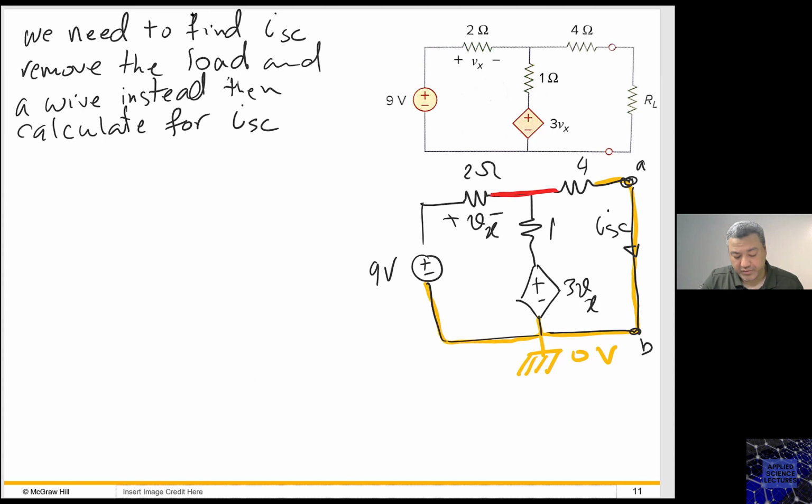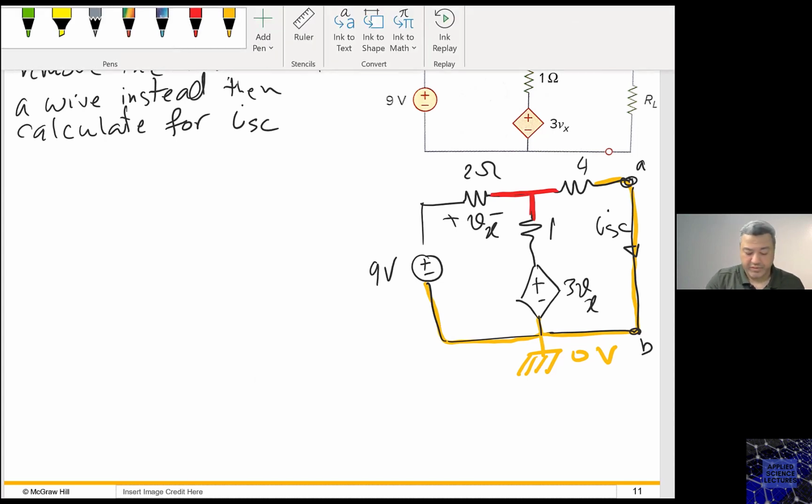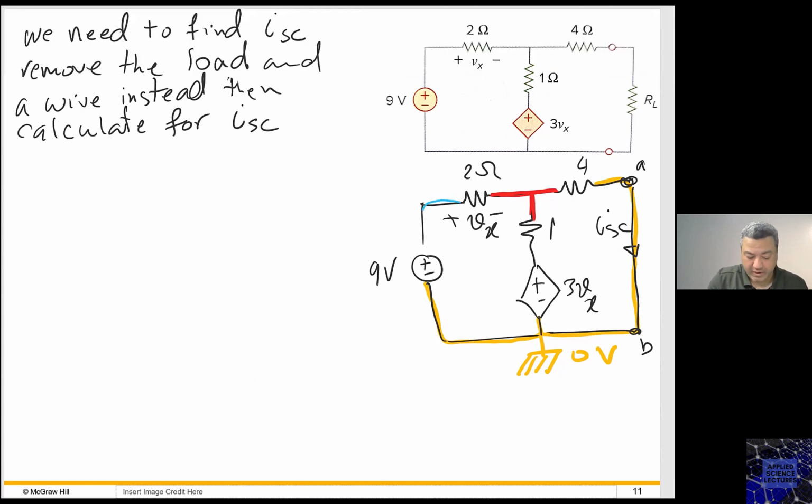So this is the node, the V1, and this node is 9 volt because this 9 volt is connected between the reference and this node.